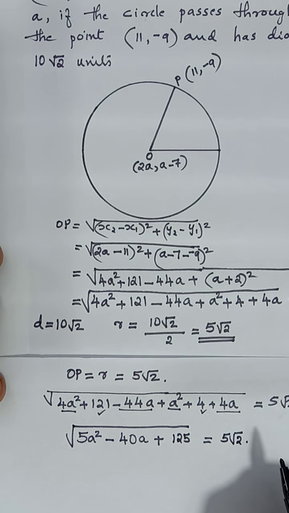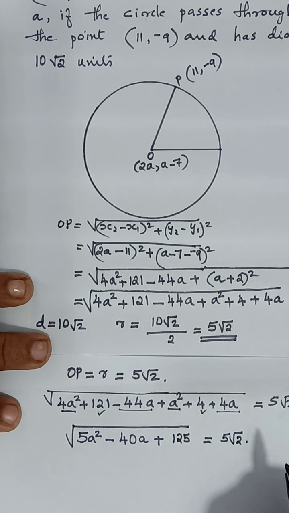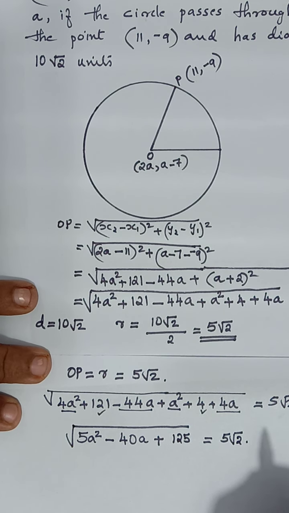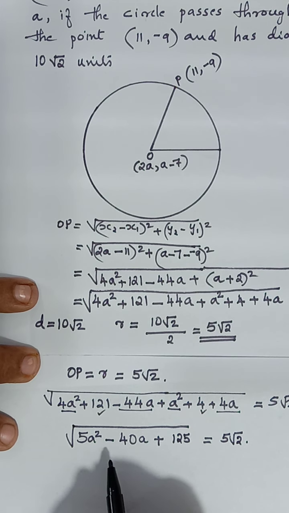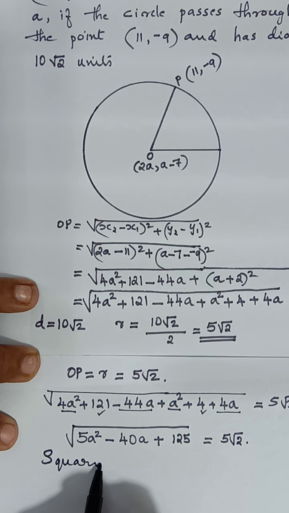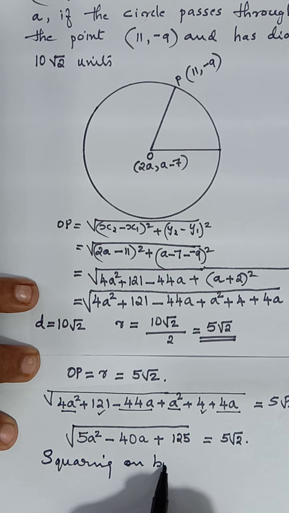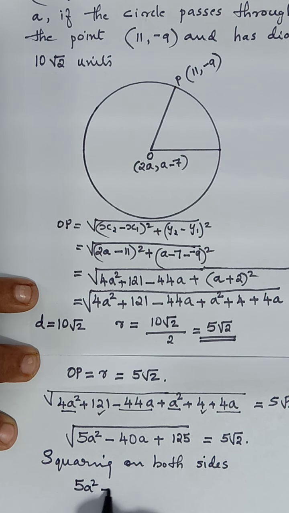Okay. Now shall we square on both the sides? When we square on both sides, what do we get? Squaring on both sides: 5a square, root is removed, minus 40a plus 125 equal to (5 root 2) whole square.